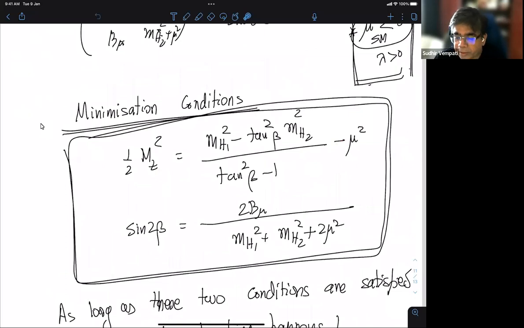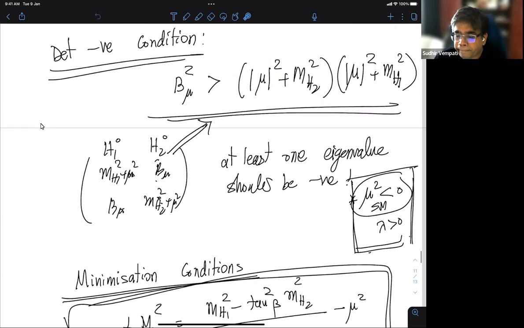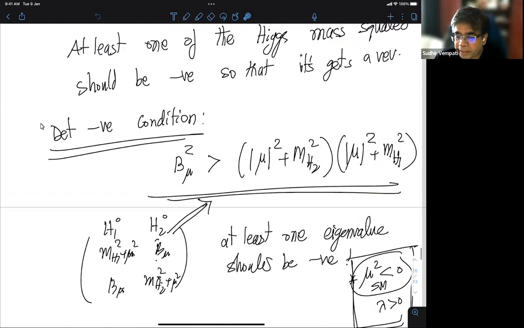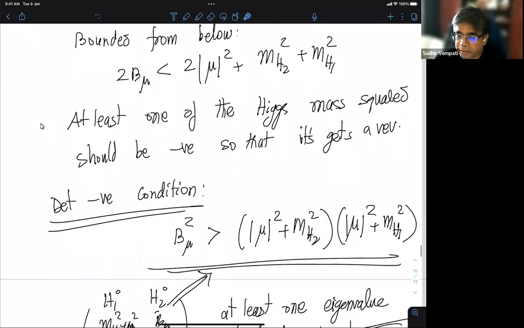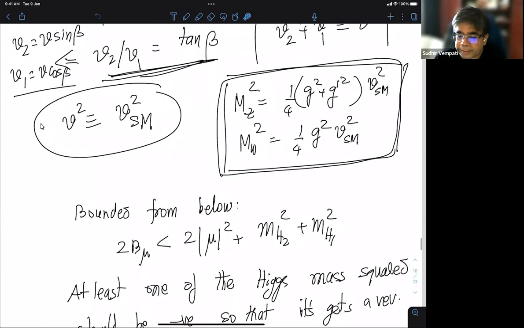So these conditions are important, and you can see it better here. So mu squared should always be positive, so that the minimization conditions are always satisfied. This is one more mu squared. I'll just show you one more formula.